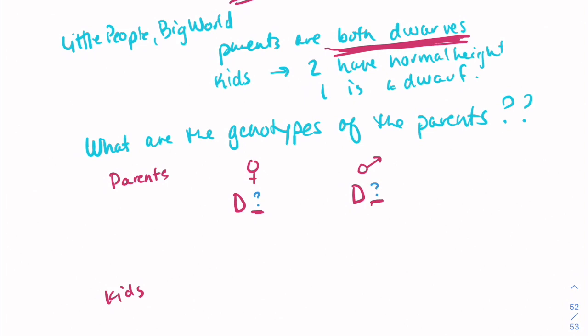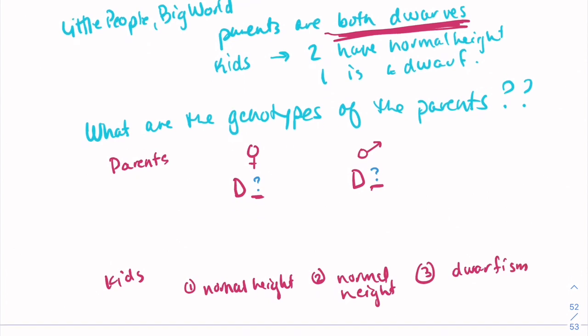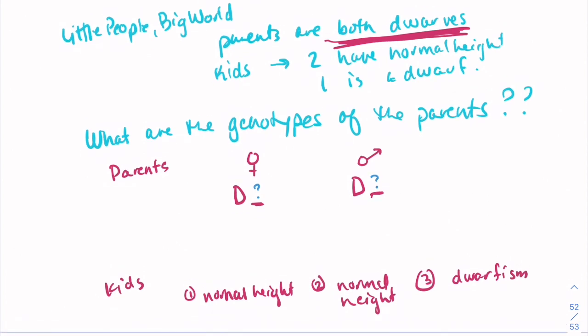One kid is normal height. Kid number 2 is normal height. And kid number 3 has dwarfism. So, what is the genotype of the 2 kids who have normal height?